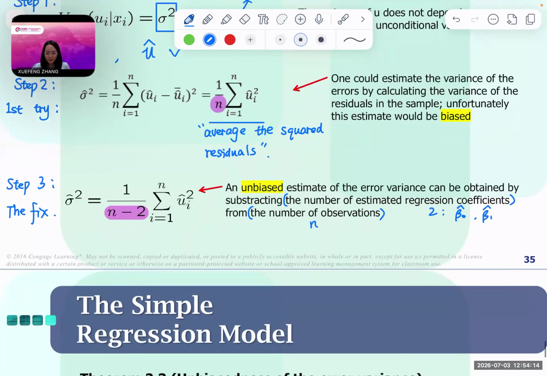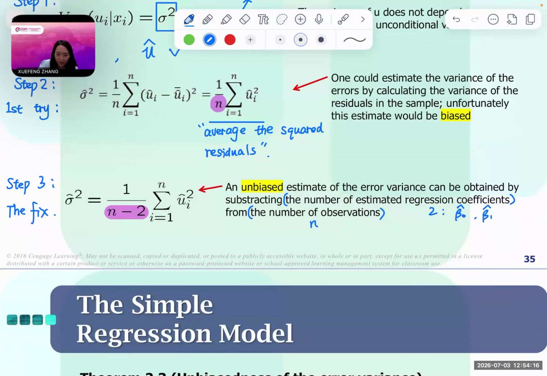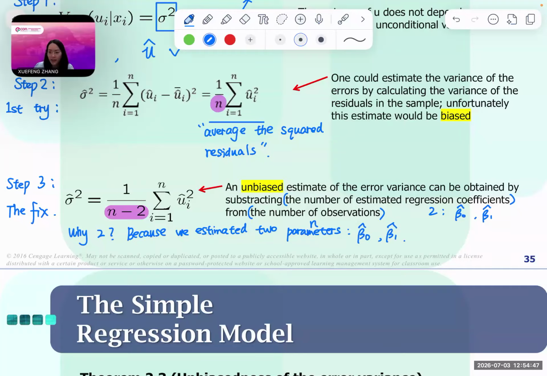Why 2? Because we estimated 2 parameters, right? Which are beta 0 hat and beta 1 hat, which used up 2 degrees of freedom.